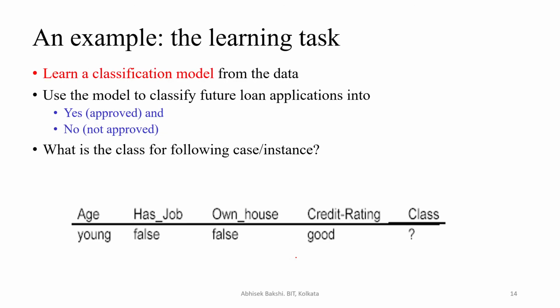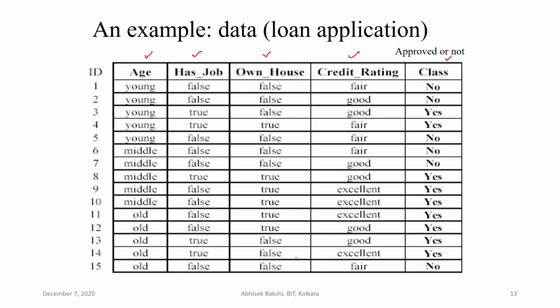So if you check whether this type of combination is present or not, young, false, false, good. Okay, we had young, false, false, good, fine.